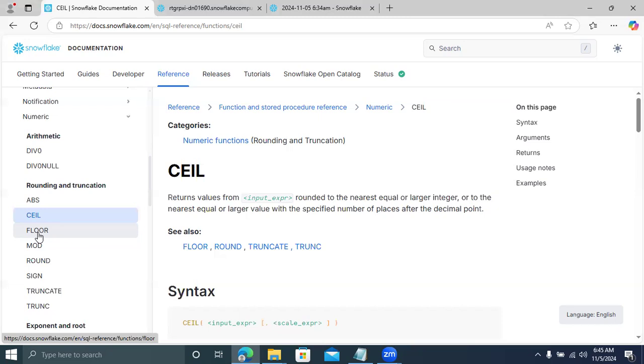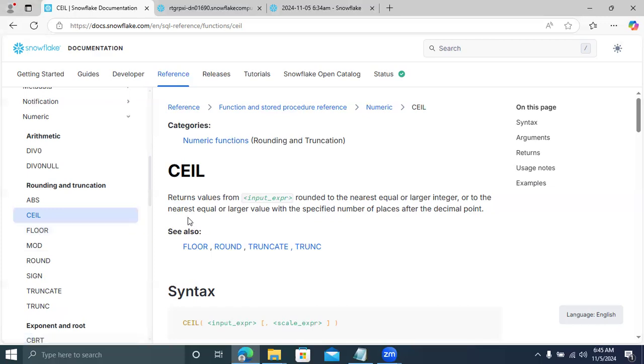Ceil function is nothing but it will round to the nearest equal. Nearest means 5.7 becomes 6, right? It will round to the nearest equal, or we can say the largest integer. Now I'm giving a decimal value like 12.97. It will come to 13. That's what it says here.